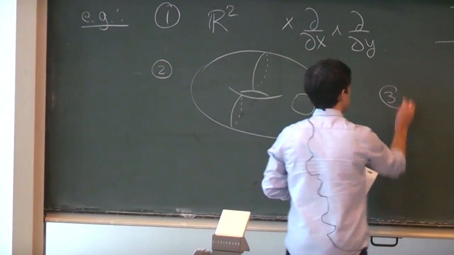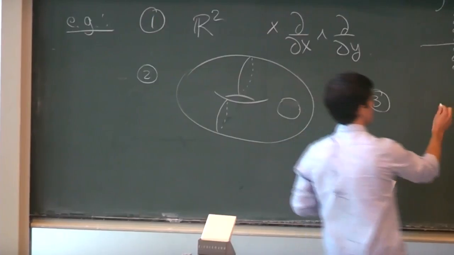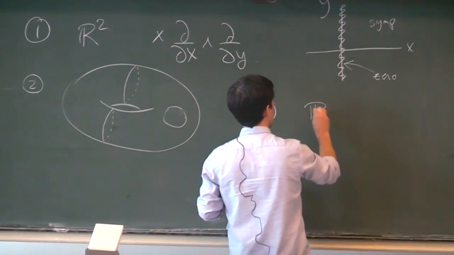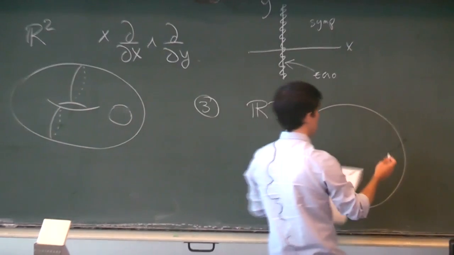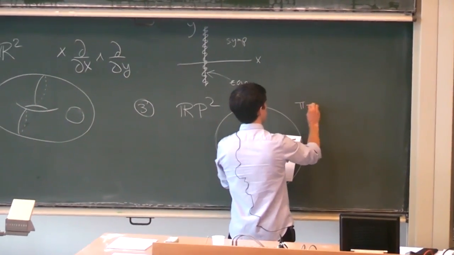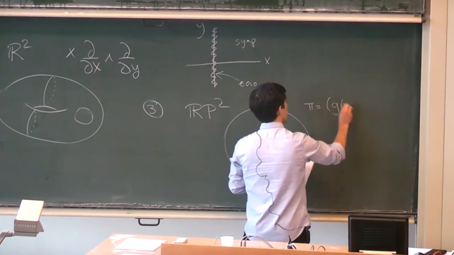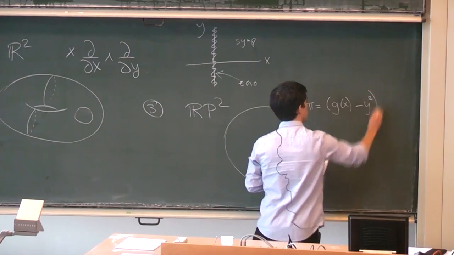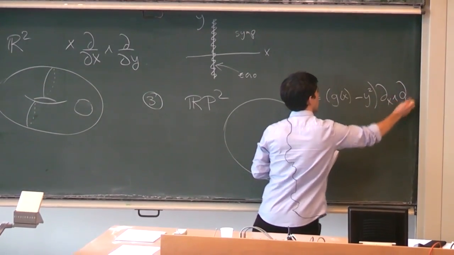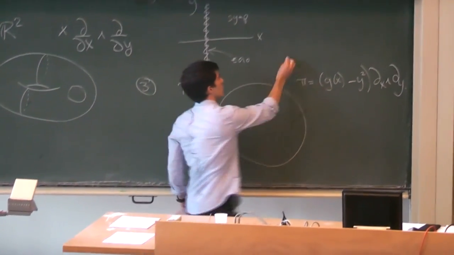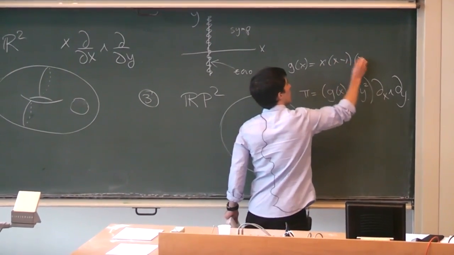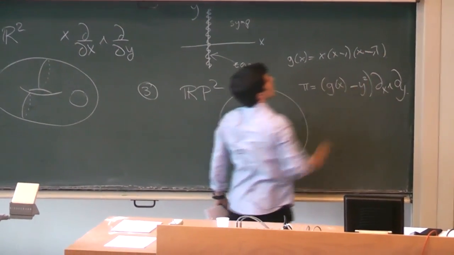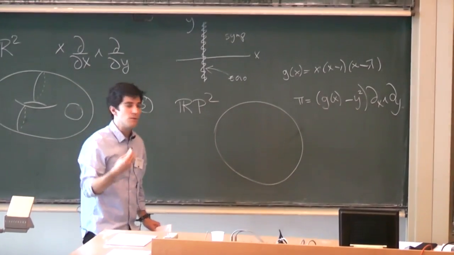Another example, just to show you a non-orientable one. So if you take RP2, right? Then if I take a Poisson tensor, which is g of x minus y squared dx wedge dy, okay, where g of x is x minus 1, x minus lambda, a cubic polynomial with 3 zeros.